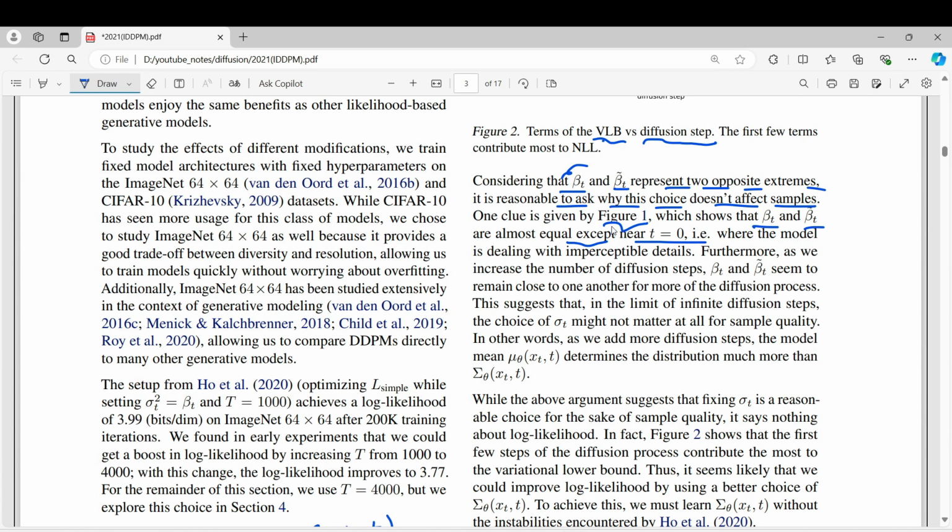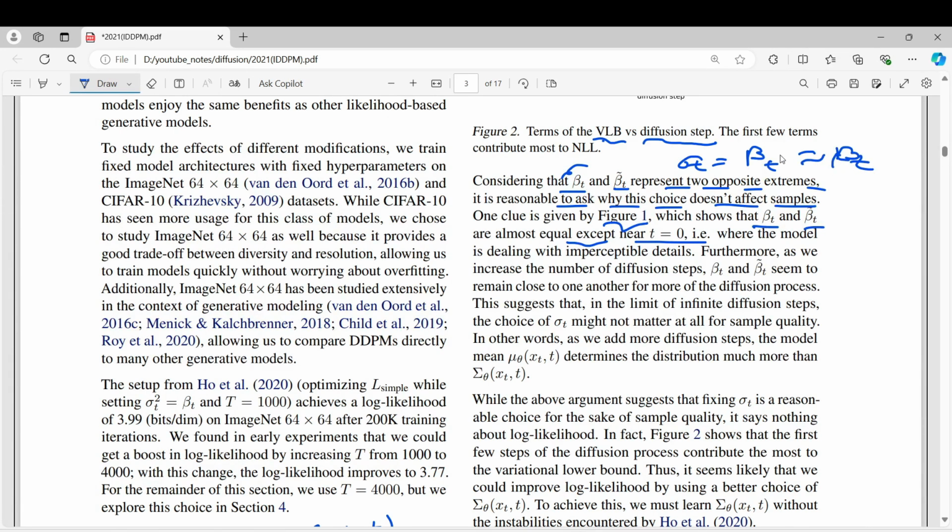So at all the diffusion steps, the values of beta t and beta tilde are the same, so it does not matter by setting this quantity as beta tilde. So we can just fix it as this, and we don't have to approximate this through our neural network.